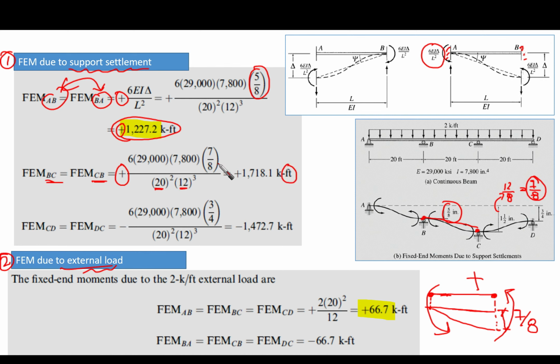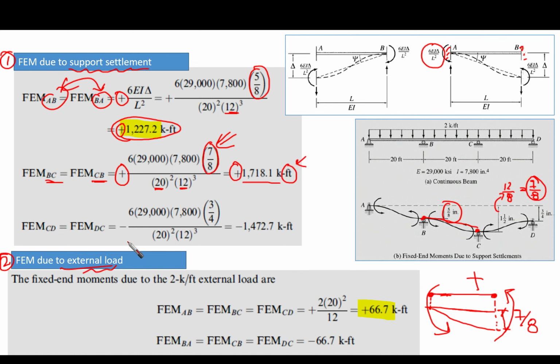However, the input we have put is using inches. So now we use 7/8 inches, as I explained here. Then you are going to have the sign to be positive and with this value. As I said, take care of the units. This 12 here is for the unit conversion.